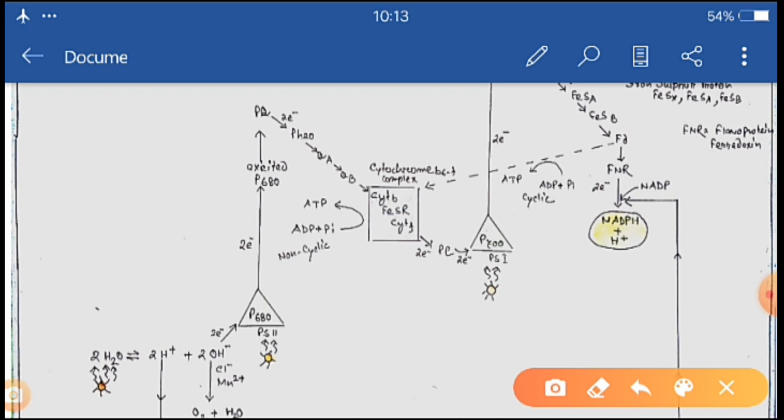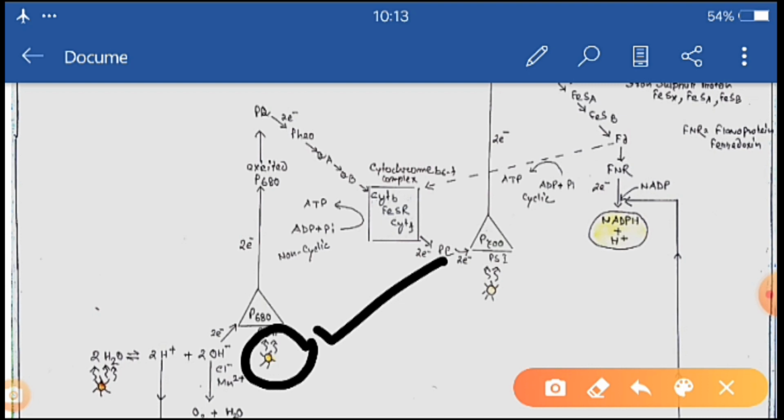Now what happened to PS2 and PS1? Let us see. Let us consider PS2. Here a symbol of sun is given.